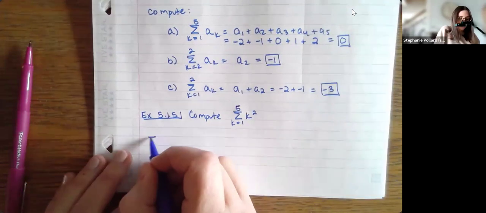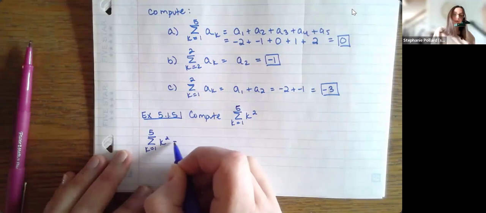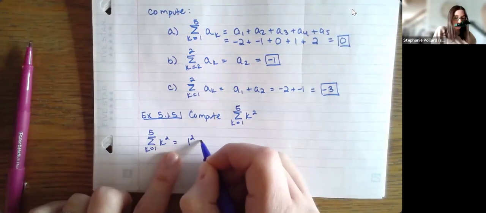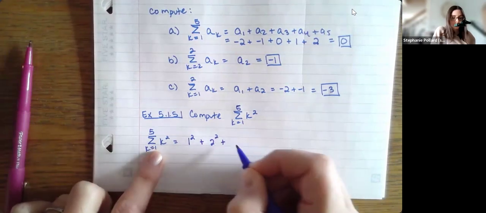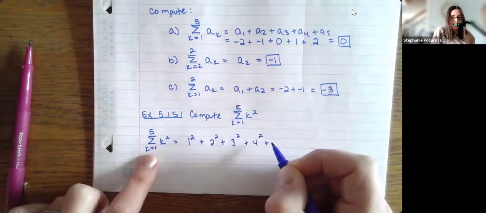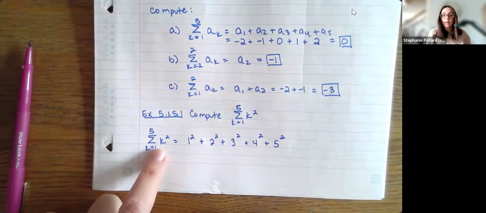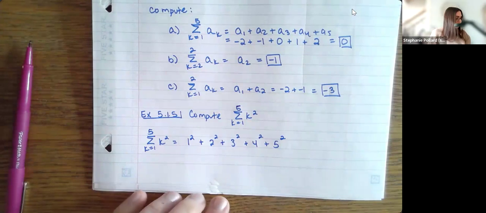So I start by plugging in 1 first. So I would have 1 squared. And then I'm going to plug in 2. So 2 squared. And then I'm going to plug in 3, 4. And the last one I'll plug in is 5. So that is where I'm going to stop. Each time I use the formula, and because it has the sum symbol here, you're adding in between.